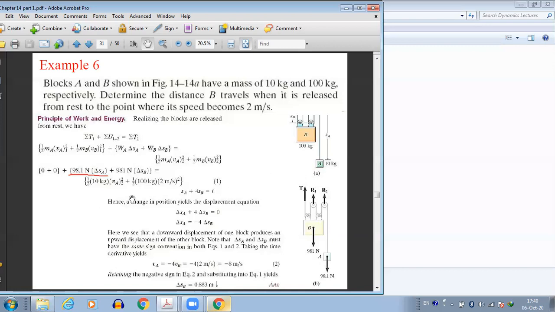So what they have done here, where is the work of A? Work of A is the force times delta S_A. Delta S_A is equal to -4 delta S_B. They put S_B as positive, and V_B as positive.